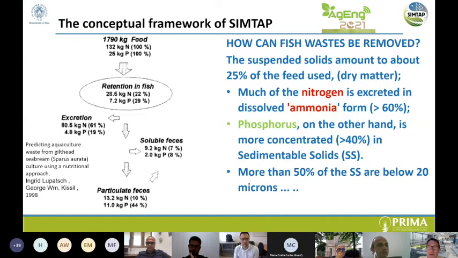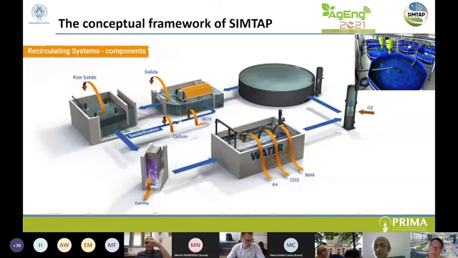But phosphorus can be found in sedimental solids. And the solids are really small in dimensions. That's the problem. So all the devices that are used to remove these wastes are really hard to run.